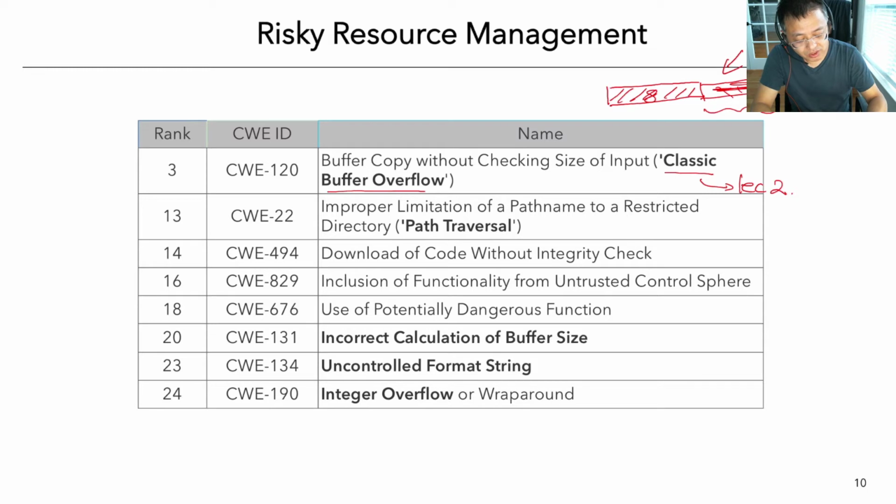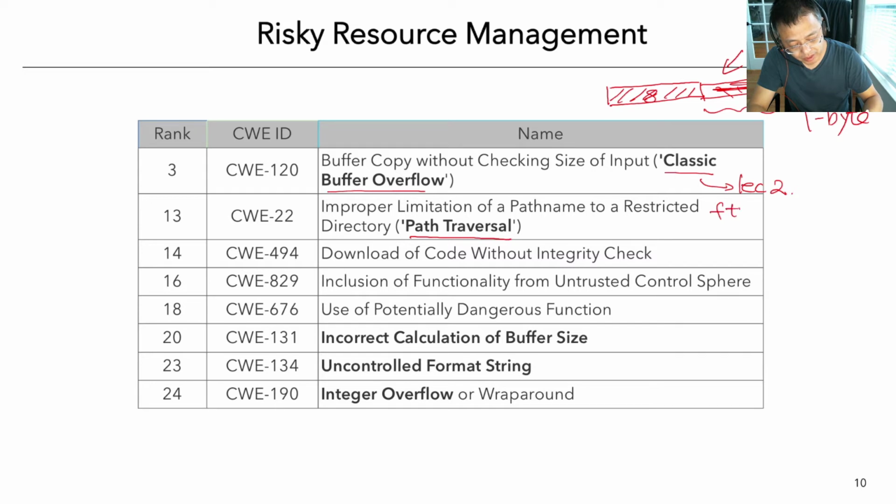So in computer security, if you can override 1 byte, even 1 byte, sometimes is sufficient to compromise the whole machine. Then there is a path traversal problem. So path traversal seems to be a simple problem, but think about it in the case of an FTP server.